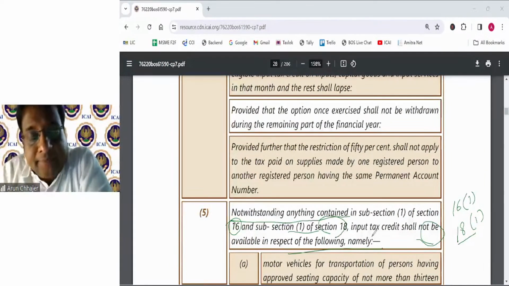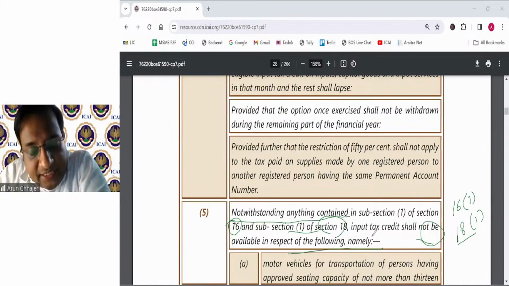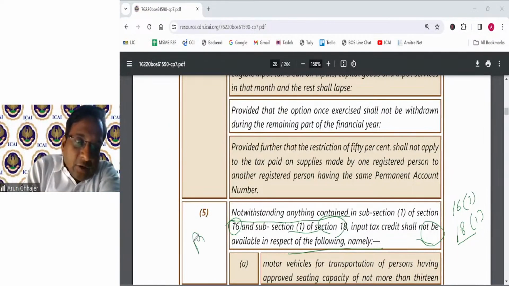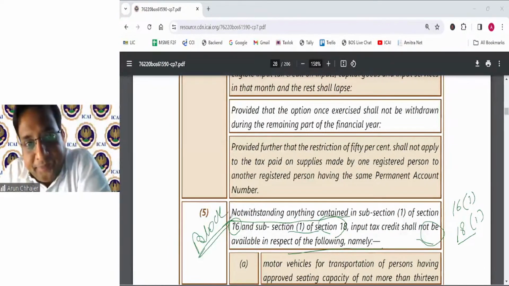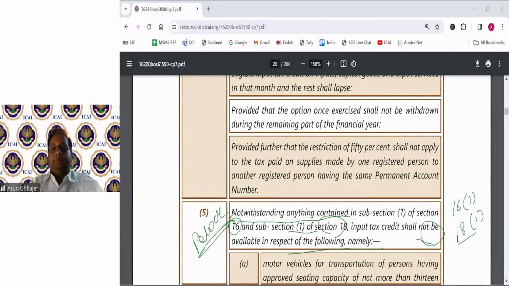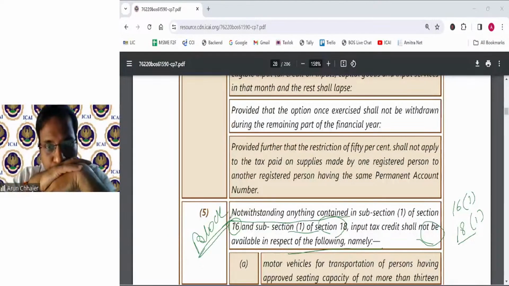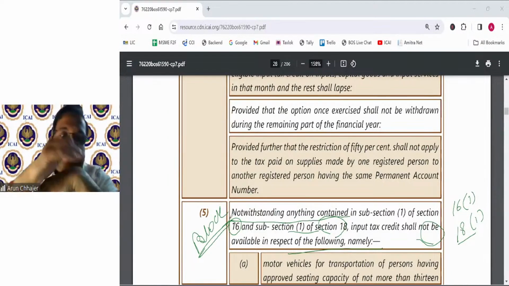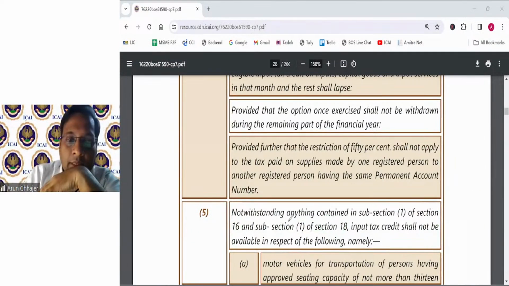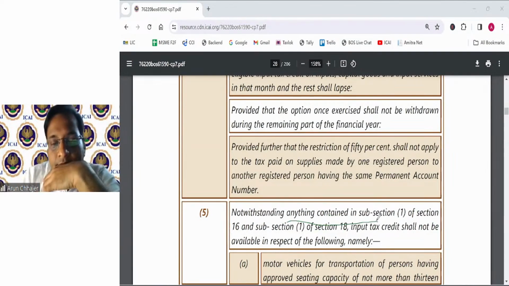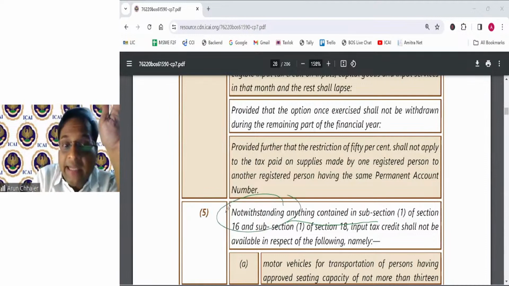Let me repeat once again. 17 subsection 5 is the list of items which are blocked. You are not allowed to take ITC. Anything contained in 16.1, 18.1, whatever is written, it is overriding that provision.